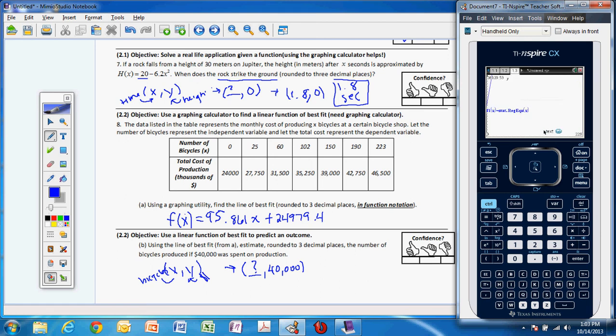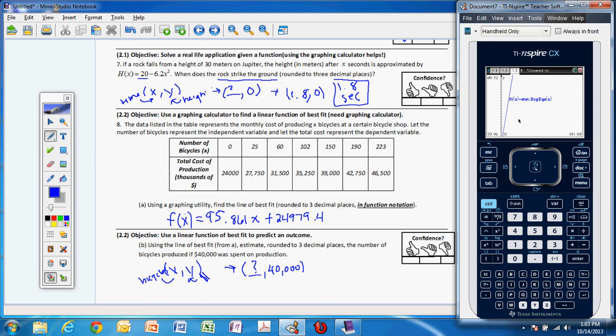If you click OK, it's a little off, notice. So I'm going to go back real quick, zoom, window settings. X-min is going to be 0. I don't know why it jumped like that. We're going to put that as 225. Okay, well, there's our line.